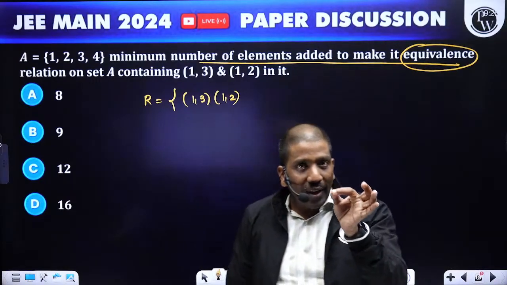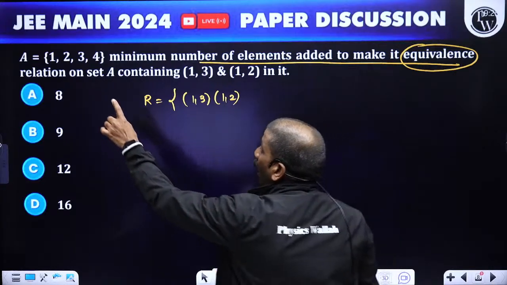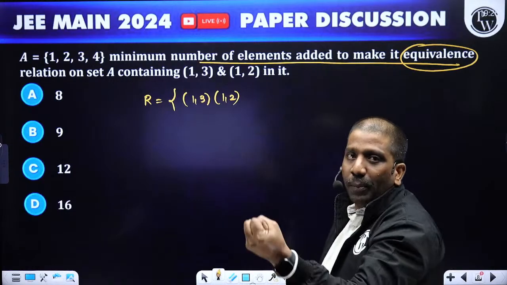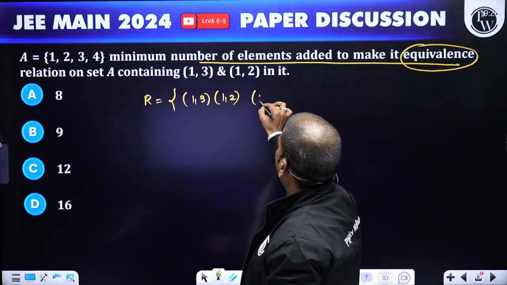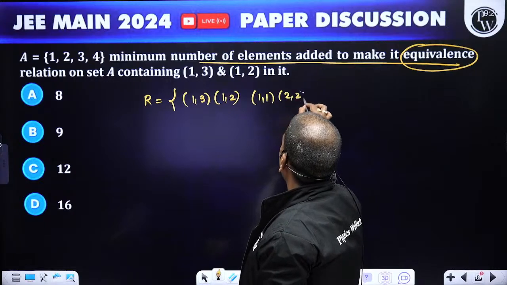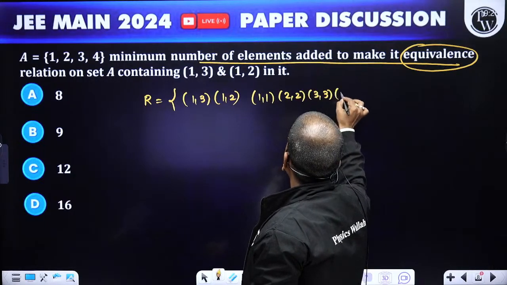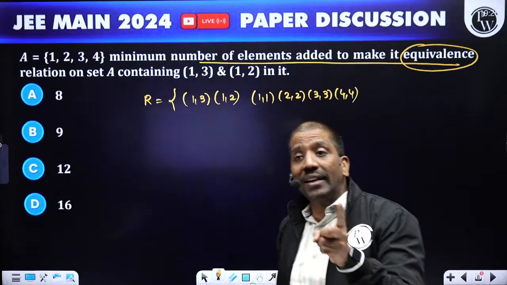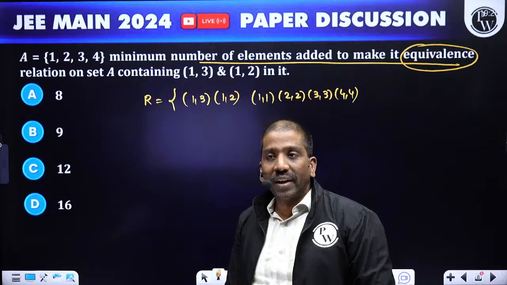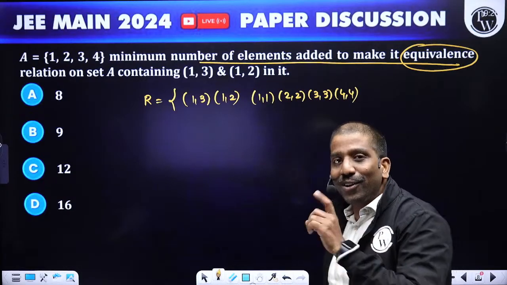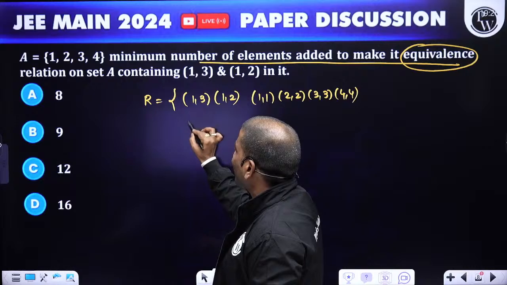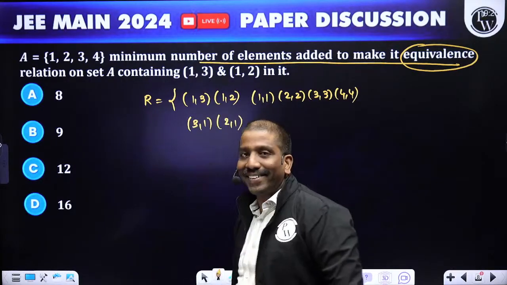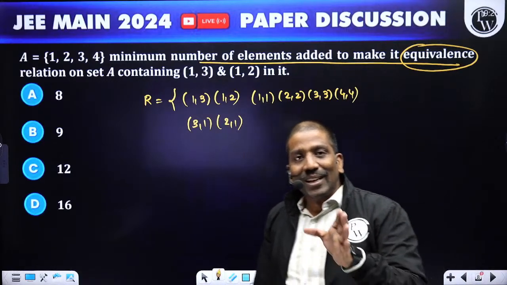When it is reflexive, it must contain all identical ordered pairs, so it must contain 1, 1, 2, 2, 3, 3, 4, 4. So these are 4 elements. But we have to make it symmetric also. When 1, 3 is there, 3, 1 must be there. So then 2, 1 must be there. Yes, it is symmetric.